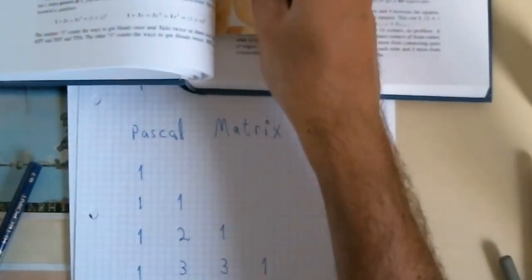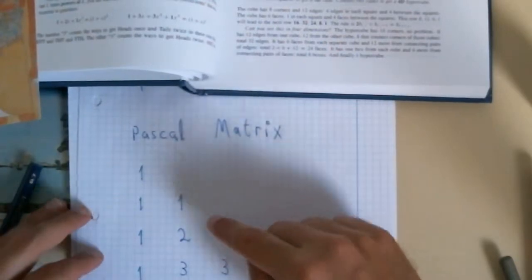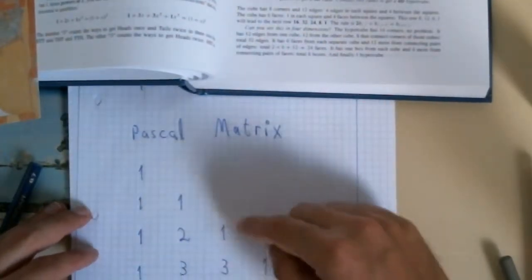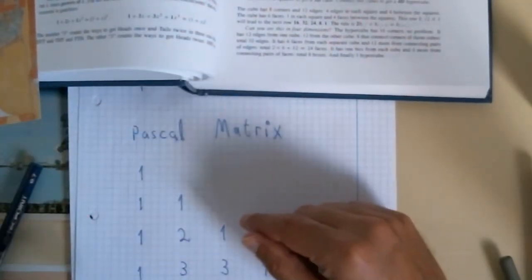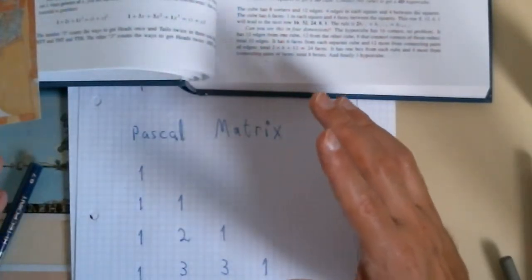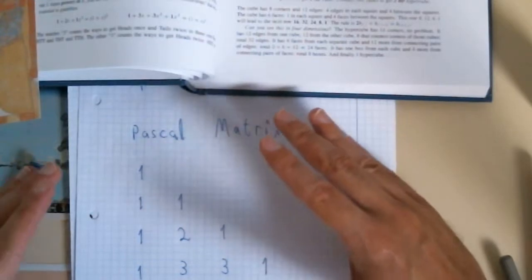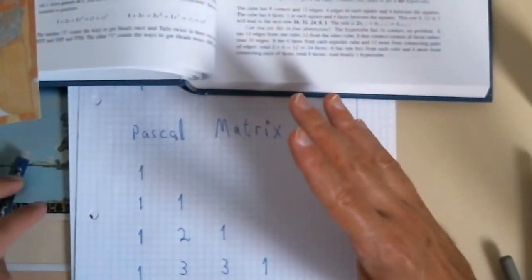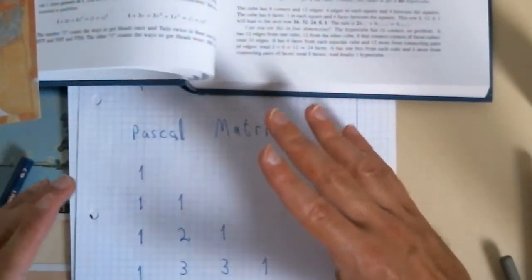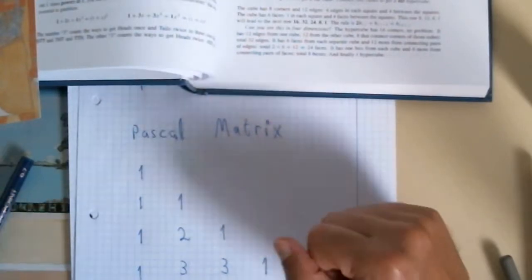He computes a matrix that is this matrix times itself, and he calls it H. H because it's hypercube. This is the part that we don't understand yet, but we will understand in the future.